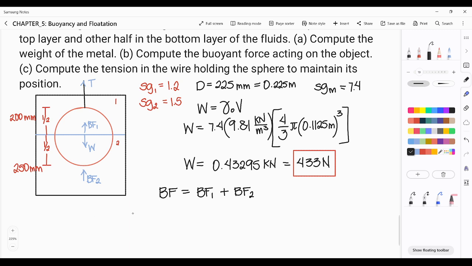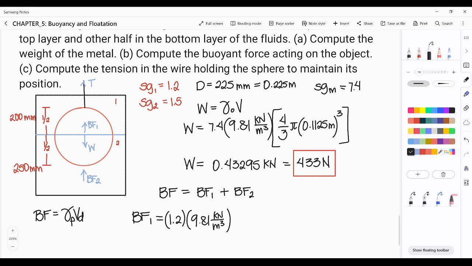The buoyant force muna for the first fluid. That is the formula for buoyant force. The formula for buoyant force is gamma times the volume displaced. Gamma ng fluid. So, given naman yung ating specific gravity, so salpak tayo dito sa problem na to. So, times 9.81, the gamma of water, that is kilonewtons per cubic meter, times the volume displaced.